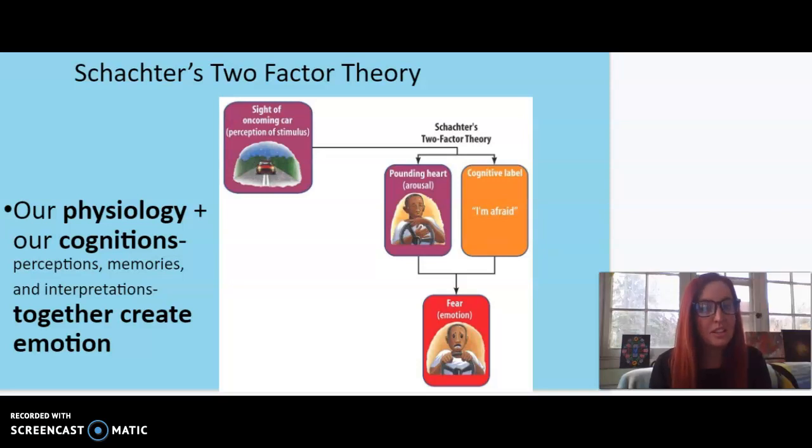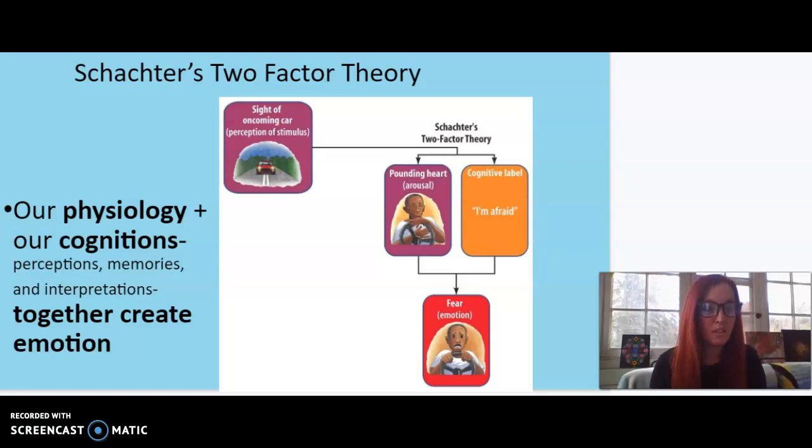And then the third is Schachter's two-factor, or the Schachter-Singer two-factor theory. This one says that we need to first label the emotion. Like James Lange, the arousal comes before the emotion, but here we have to differentiate between the arousal response that we have. Because your heart could be pounding because you're afraid, or your heart could be pounding because you're excited, right?